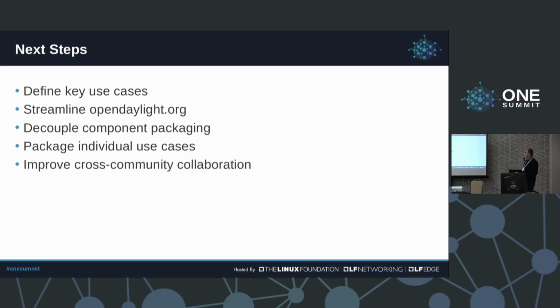And obviously we need to improve on the cross-community collaboration bit, which is essentially getting in touch with the various downstream users, the primary of which is obviously ONAP. We've been having some monthly meetings, but we certainly can improve. And improving that end-to-end experience is going to go a long way to solve our problems.